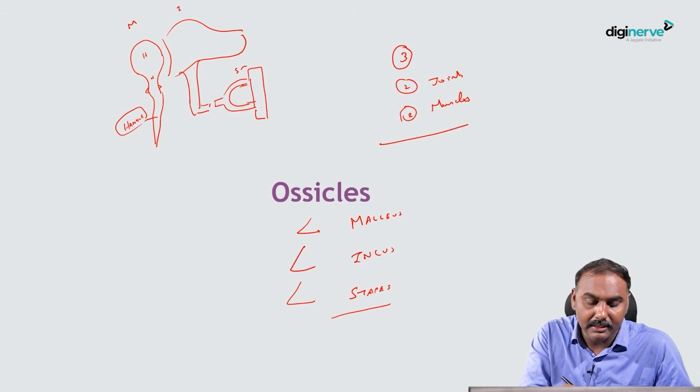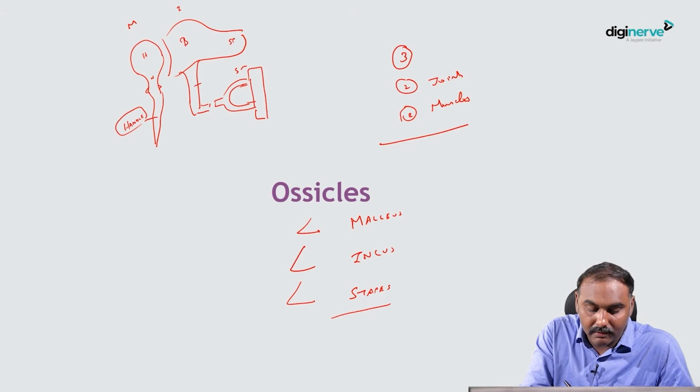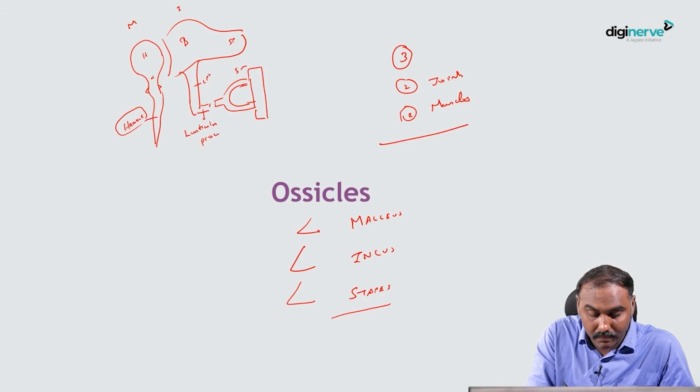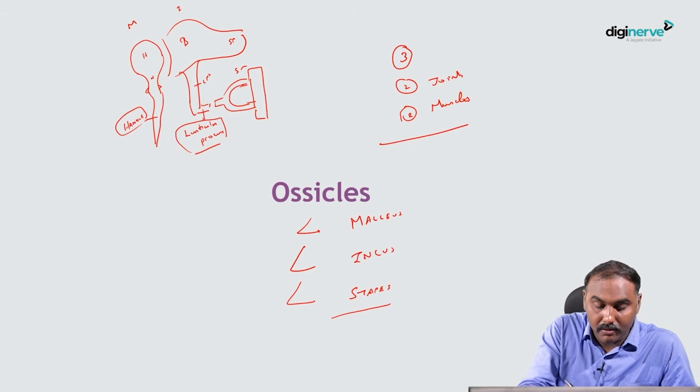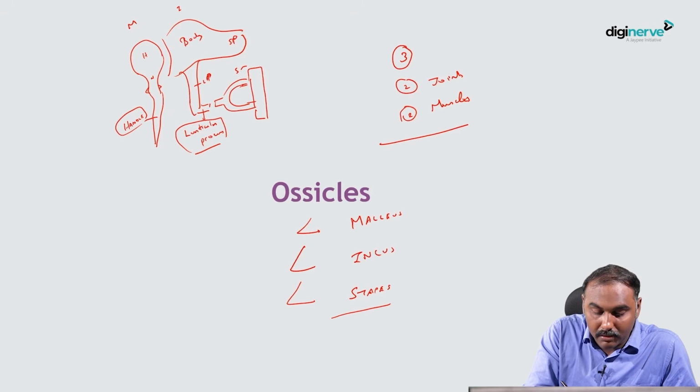And in the Incus, we have a body of Incus, a short process, a long process, and the tip we call the lenticular process.